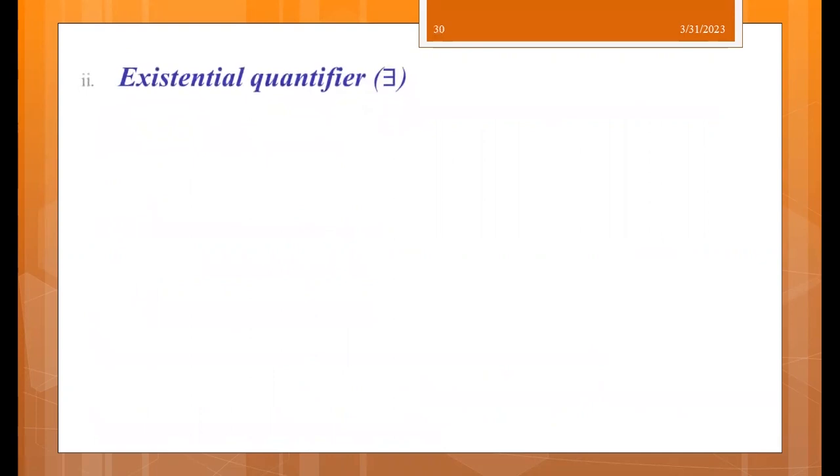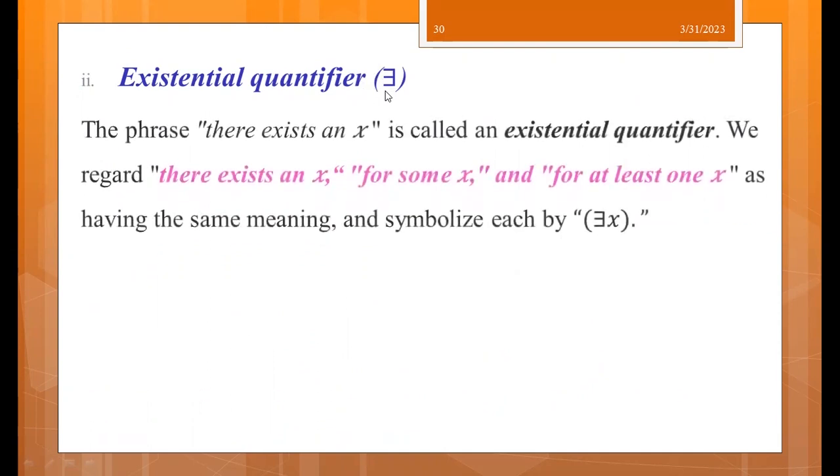Okay, the second type of quantifier is the existential quantifier, which is symbolized by what looks like an inverted capital letter E. The phrase for this one, or simply existential quantifier, would be "there exists an x."